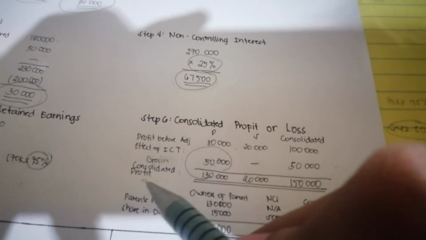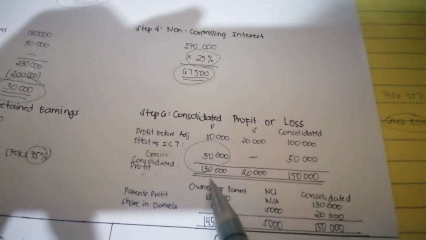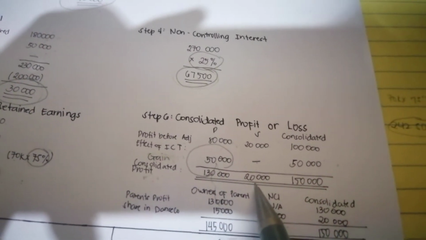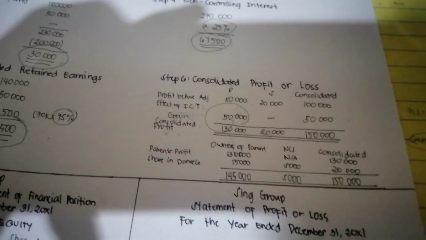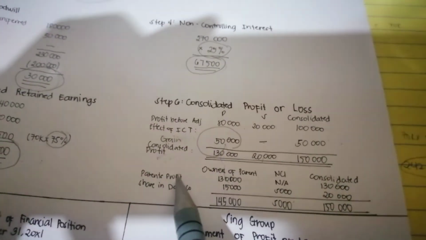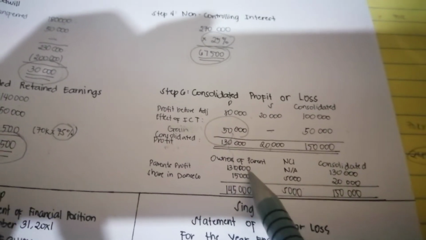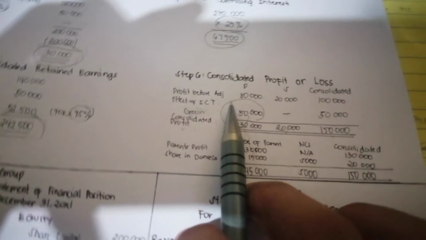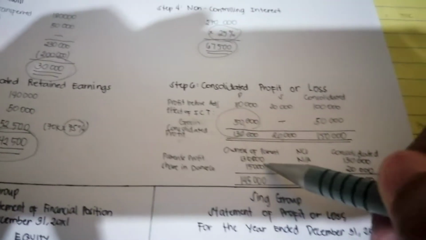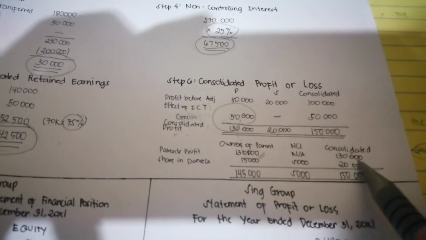So I derived consolidated profit or loss as a total of 150,000. So how much is attributed to parent and NCI? Parent's profit is 130,000, parent only. Walang share si NCI because parent lang ang may-ari ng profit. So NCI is none. Consolidated is 130,000.